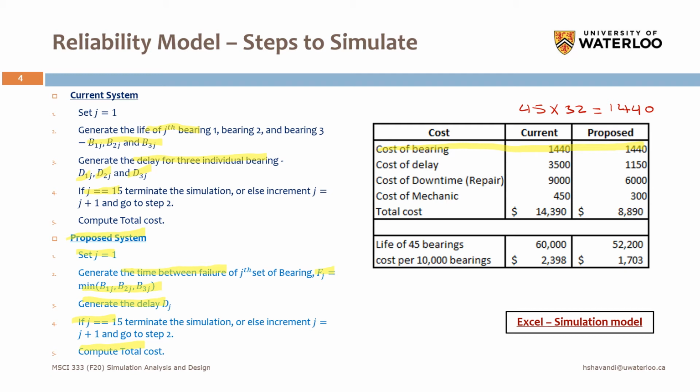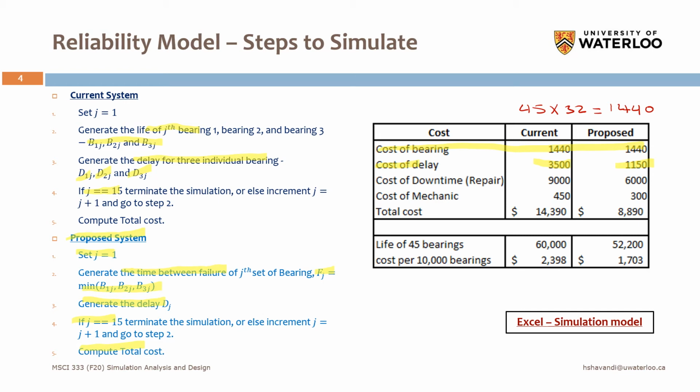But the cost of delay, as you see here, is different. The cost of delay for the current policy is, for example, about 3,500, but for the proposed, it's about $1,150. So as you see here, there's a considerable difference between these two, and it makes sense because in the current system, we are going to have 45 delays.